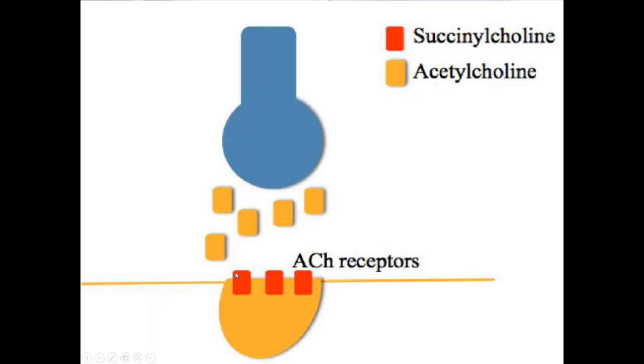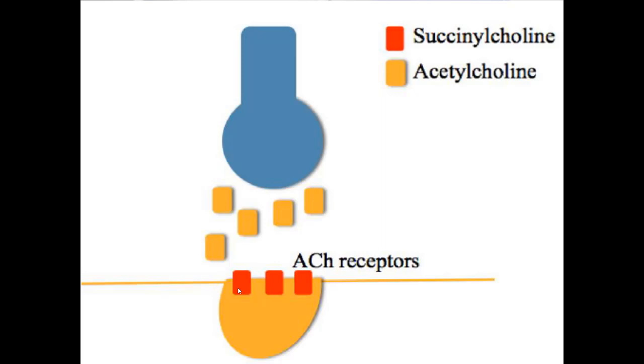It causes the action potential to be generated, but the problem is that the action potential is too prolonged. When it is too prolonged, naturally there is no new action potential, and when there is no new action potential, the muscle gets temporarily paralyzed.